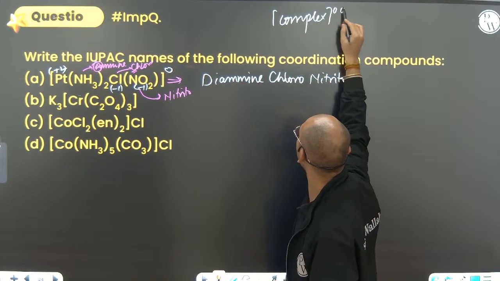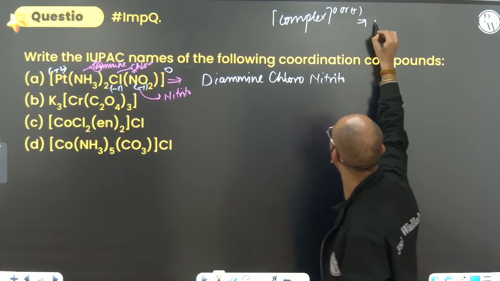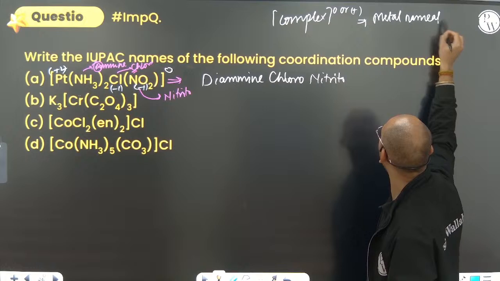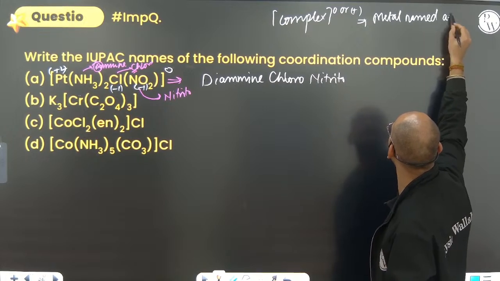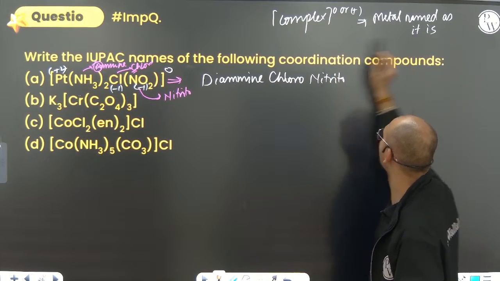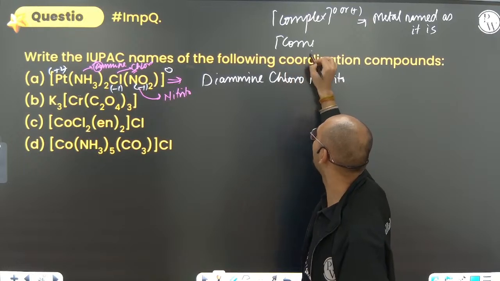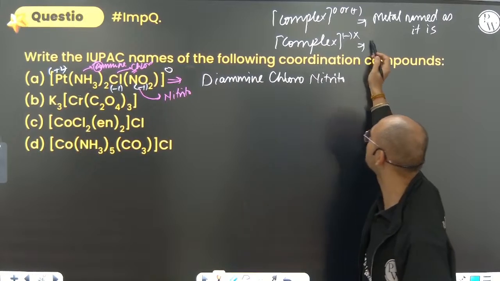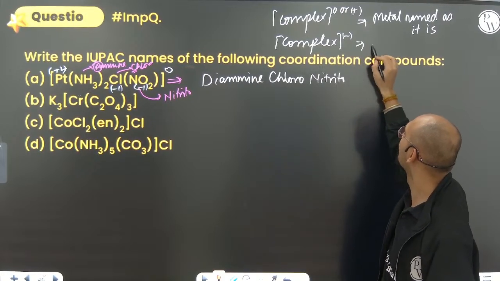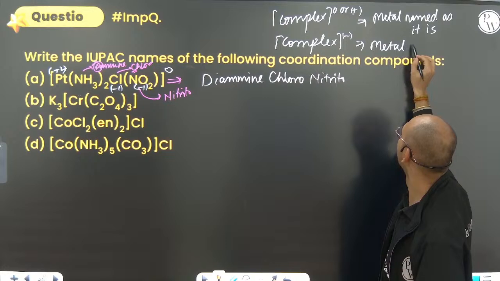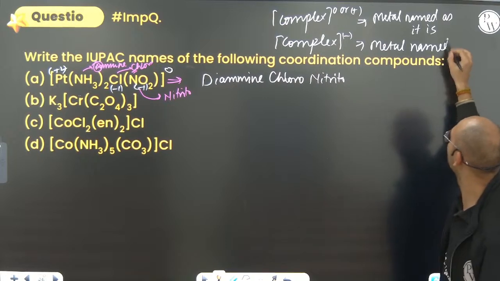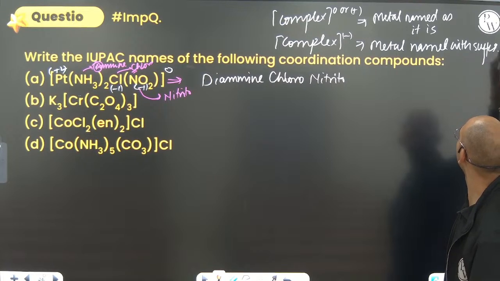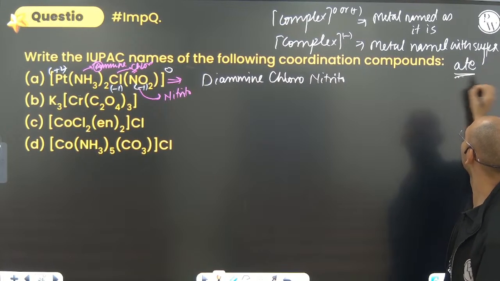If the complex has charge 0 or positive, the metal is named as it is. But if the complex has a negative charge, in such a case you will call the metal named with the suffix -ate.